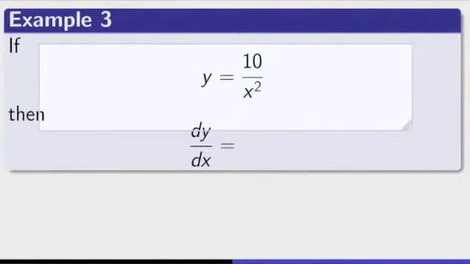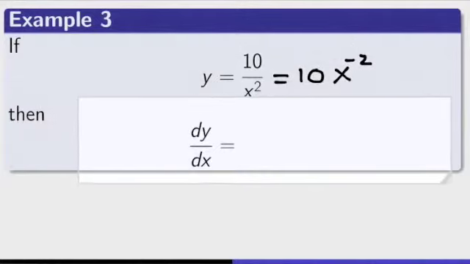Let's look at another example. y equal to 10 on x squared. Now this function, that expression on the right hand side, is in terms of a fraction. It is convenient to write this as a non-fraction, so we could apply the rule directly. So 10 divided by x squared can be written as 10x raised to the power minus 2. We simply negate the index when you take a term from the denominator to the numerator.